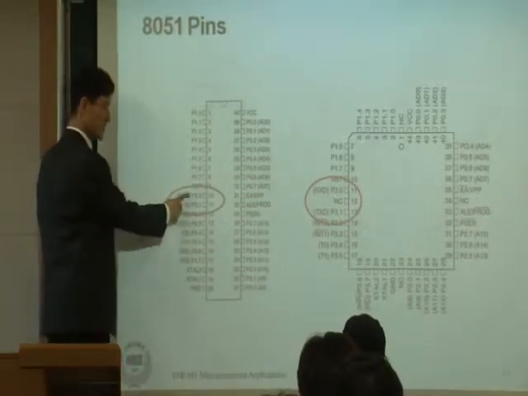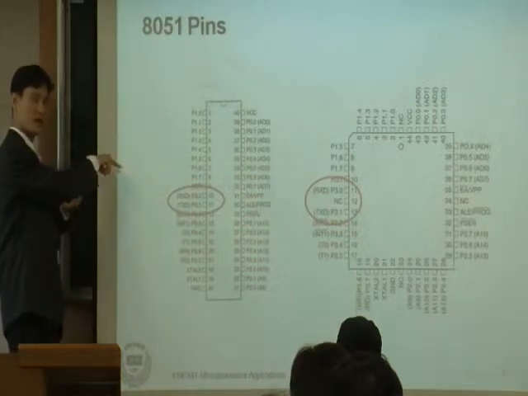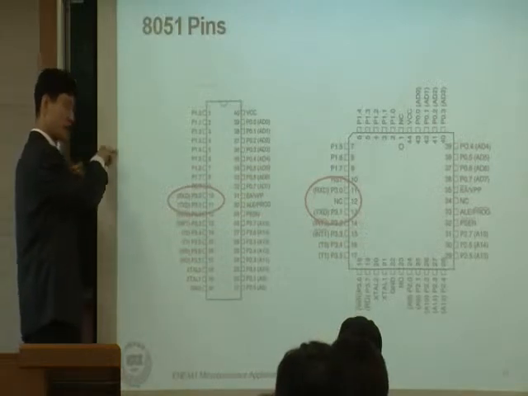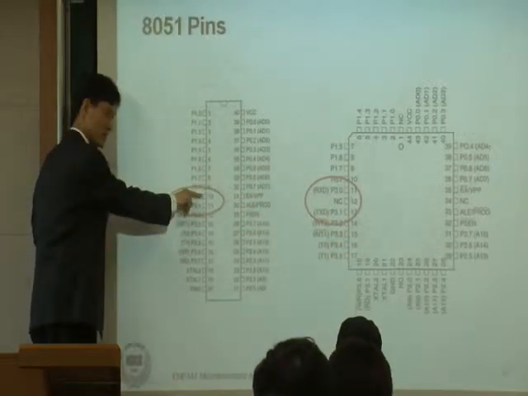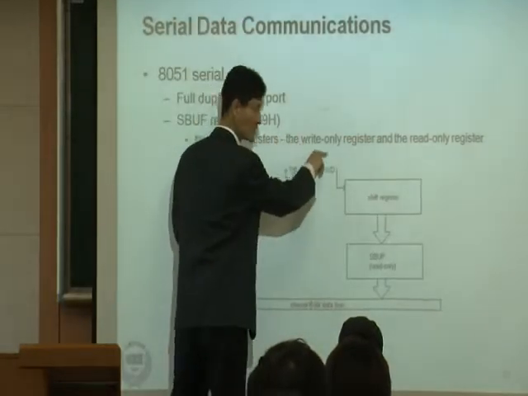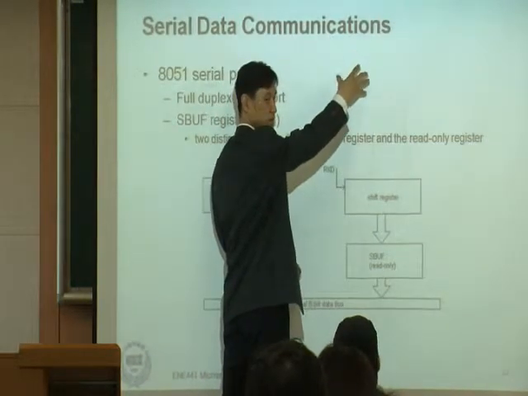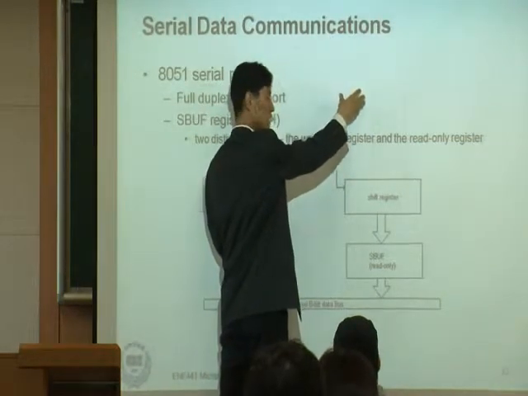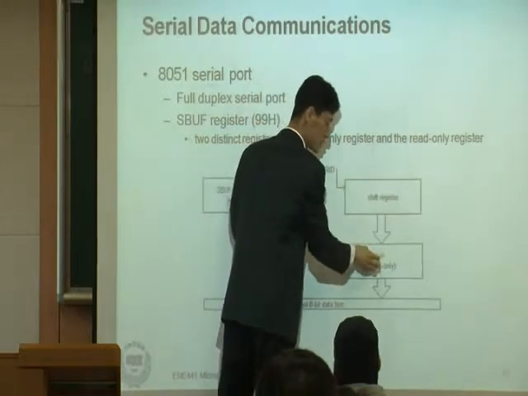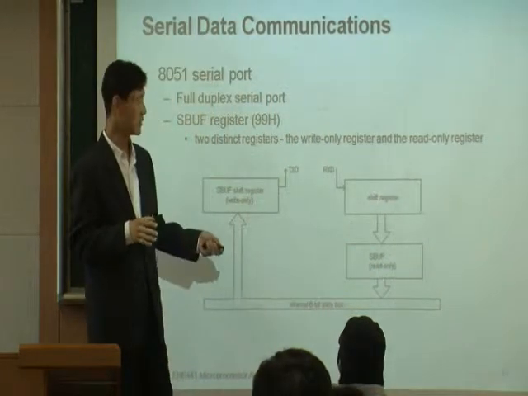For us, it's a receiving pin, which means someone else is transmitting some information, and that information is received over here. That received information now goes to SBUF automatically. I cannot write. I can only read.